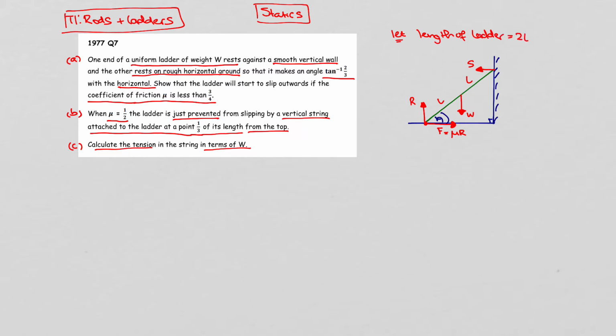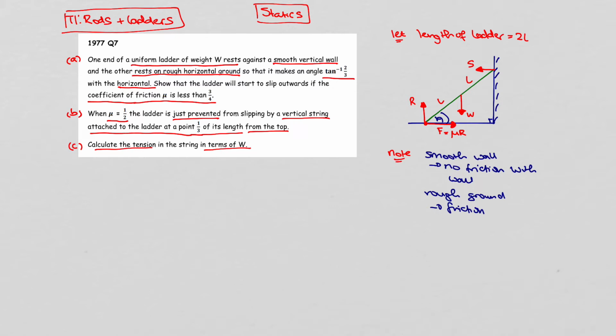I'm also going to make a note that we have a smooth wall, so therefore there's no friction with the wall, whereas we have a rough ground, which means friction.